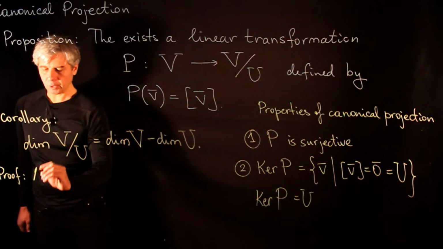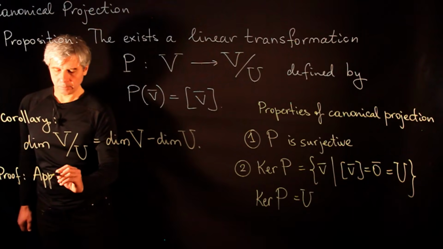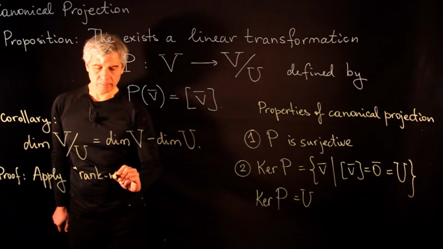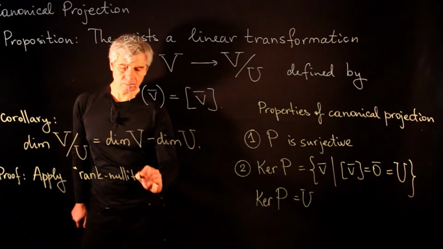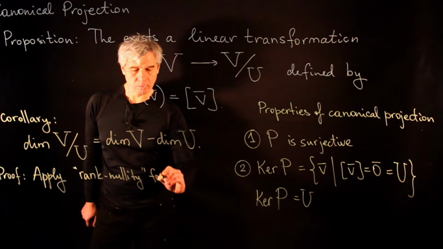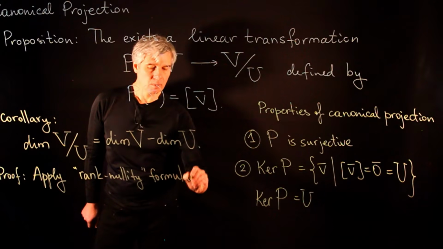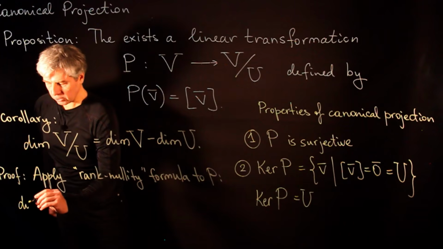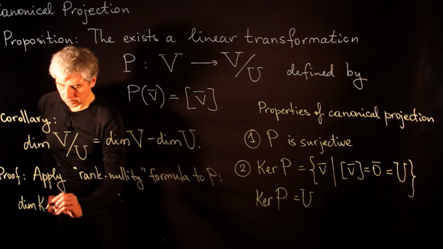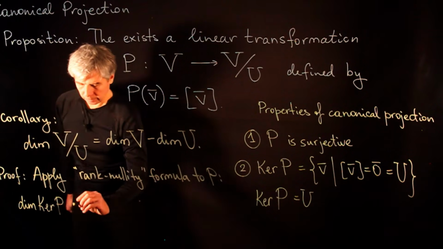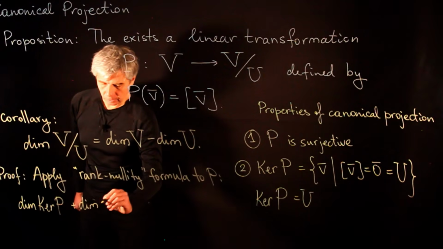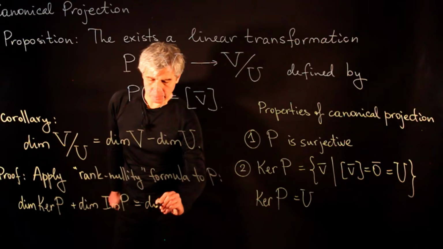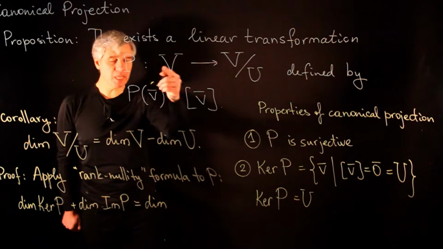To prove this, we apply the rank-nullity formula to the canonical projection P, which says that the dimension of the kernel of P plus the dimension of the image of P is equal to the dimension of the domain space V.